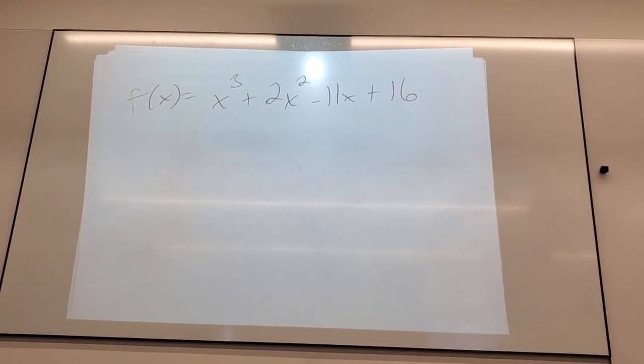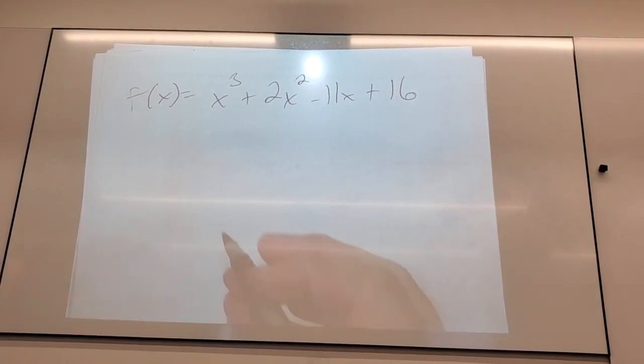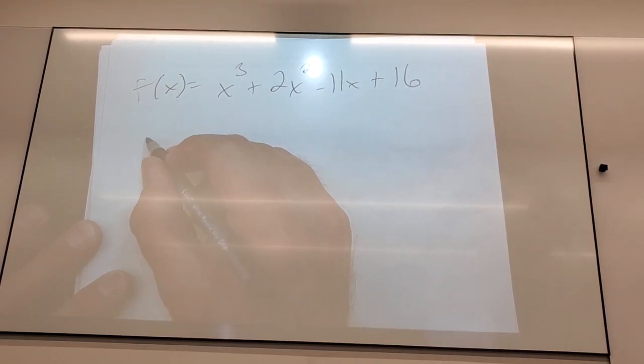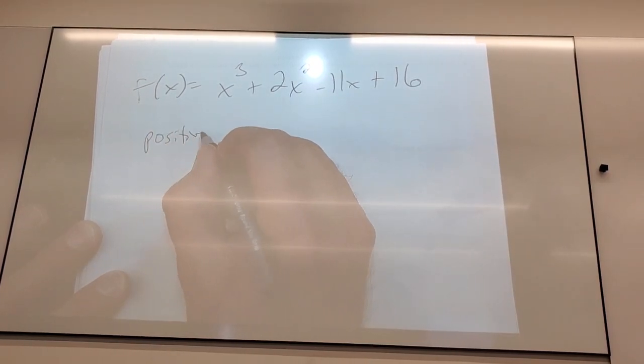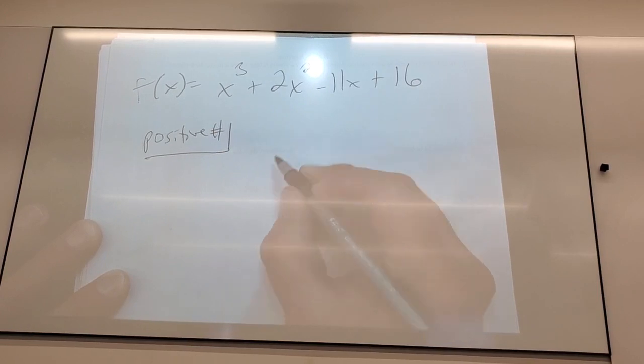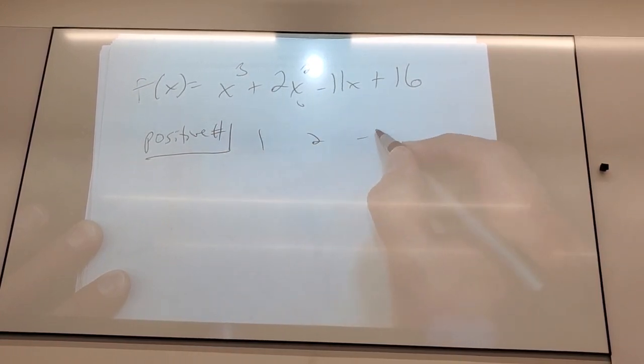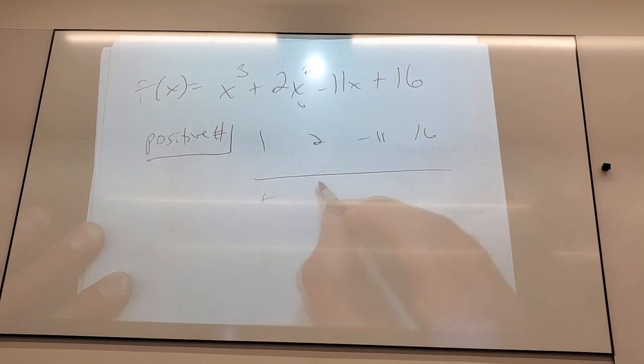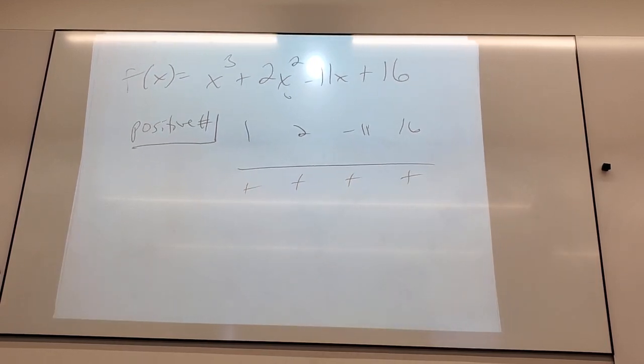It most likely does not have the answers. If I synthetically divide this by a positive number, and all the answers I get have the same sign, what does that mean? It's an upper bound.